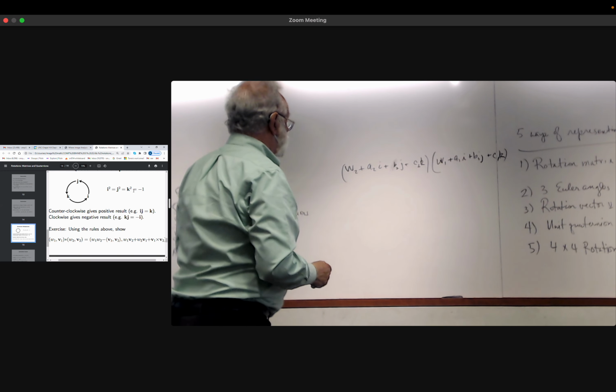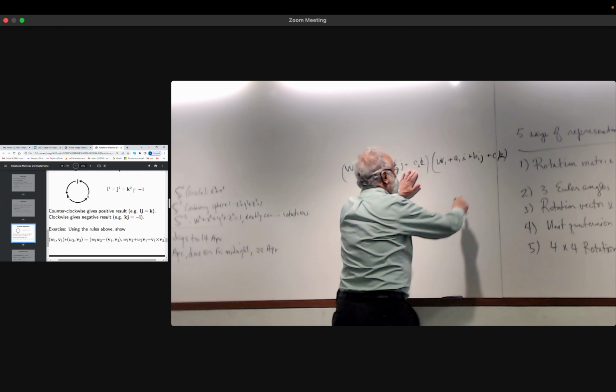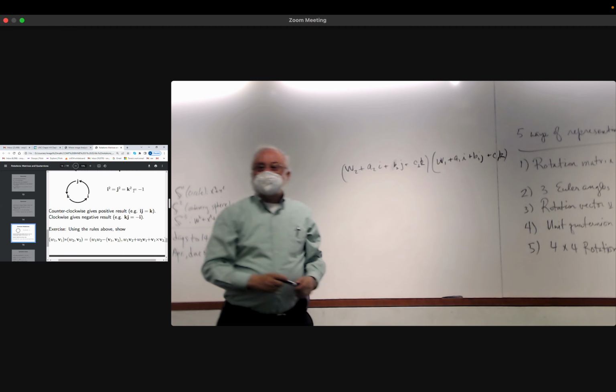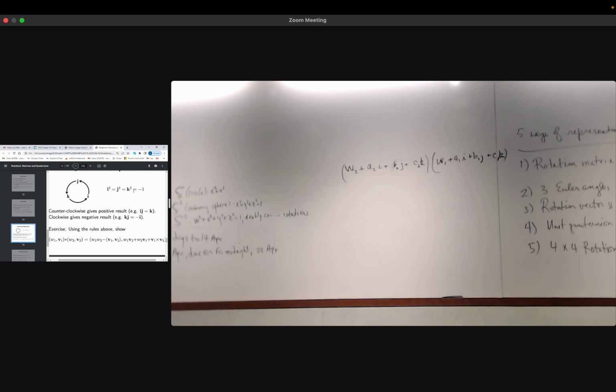And there's a real term from C2k times C1k. C1C2 k squared, that's minus C1C2, right? There are four terms that together form the overall real term in the resulting quaternion. Yes?